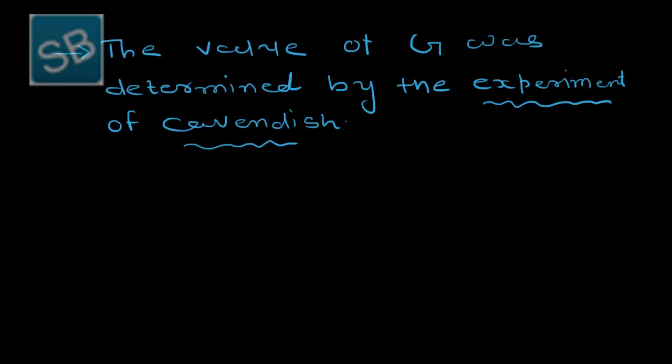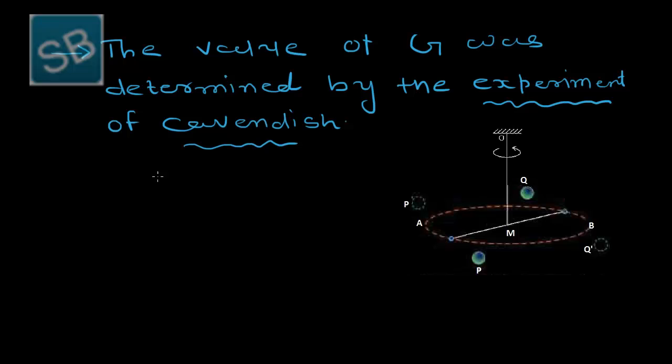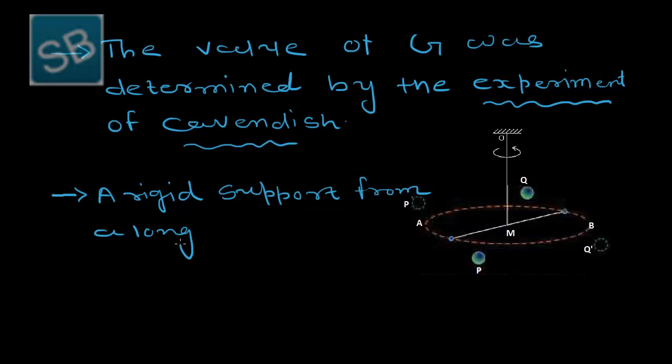that experiment. So here is the arrangement in which the components are listed. A rigid support, which is a long rod, and that is suspended with a thin metallic wire. So this is another component.